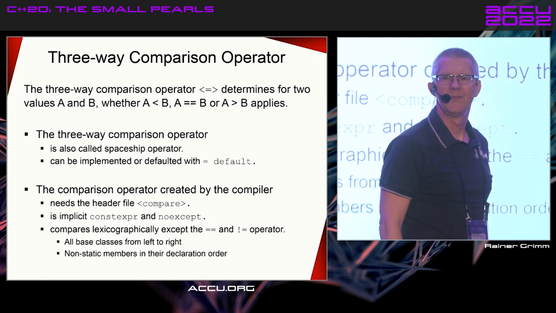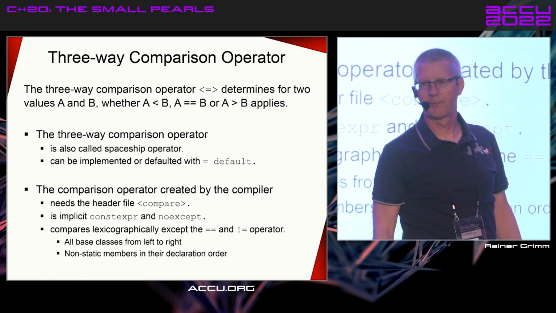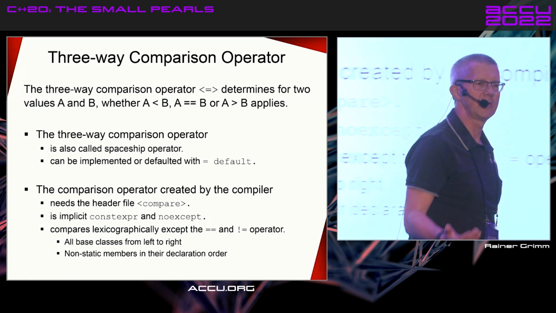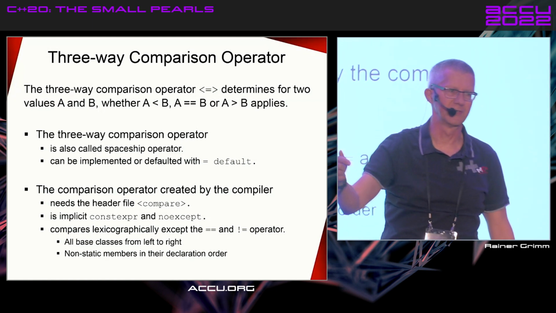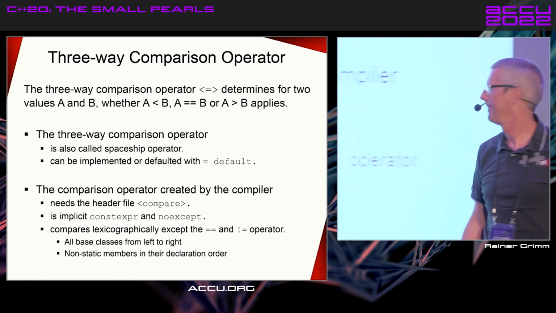This means lexicographical comparison. You know lexicographical comparison, sorry, a terrible word. When you look into a phone book, this is what you do. You start with the first letter, then you go to the second, the third. This is lexical comparison. And here you do the same.